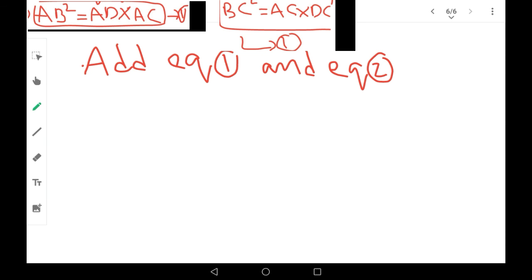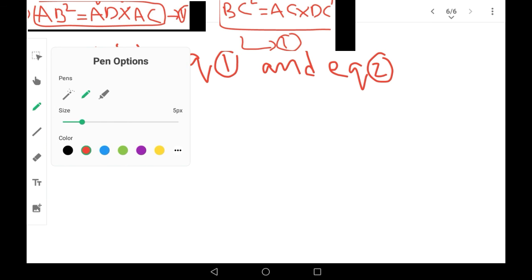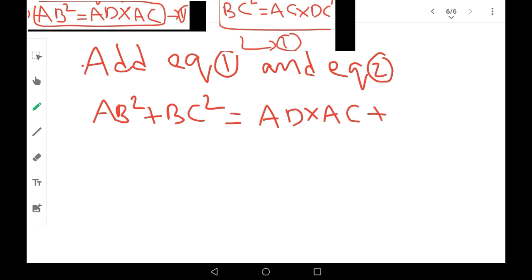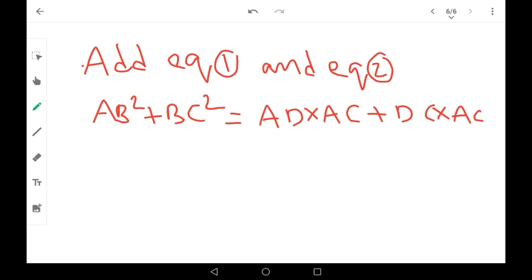First I'll write the LHS terms: AB square plus BC square is equal to, now I'll add the RHS terms, AD into AC plus DC into AC. Now my dear children, on the RHS, I can take AC as common. So what will be the remaining thing? AD plus DC.